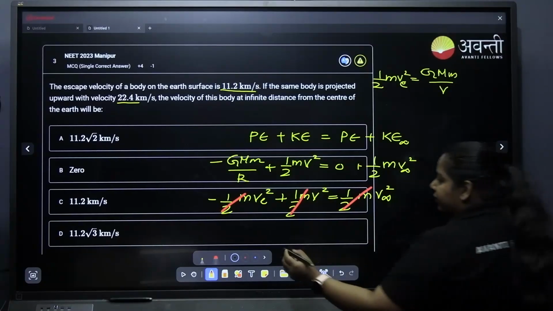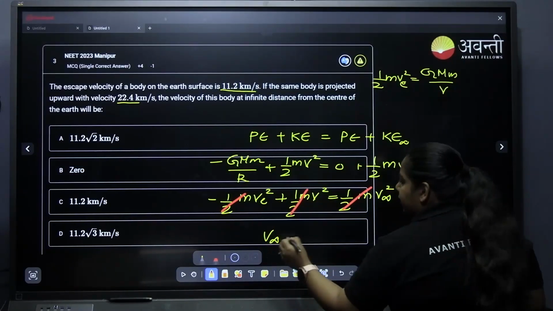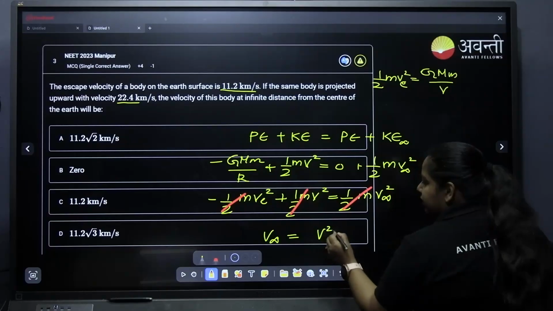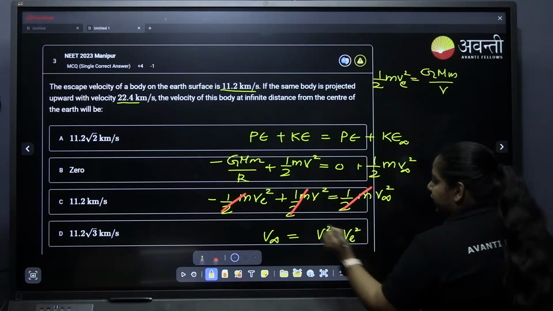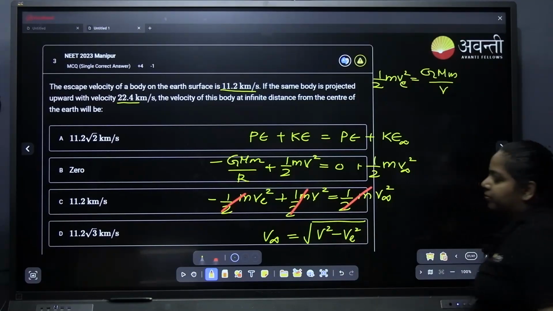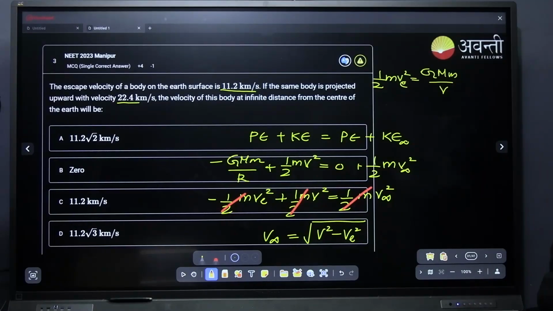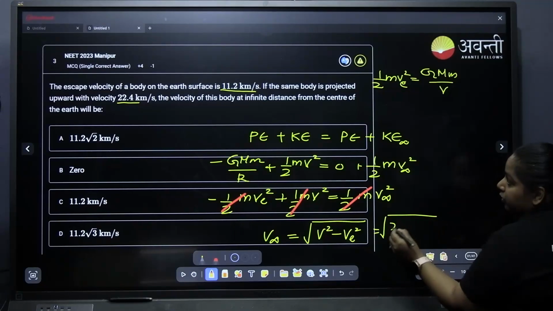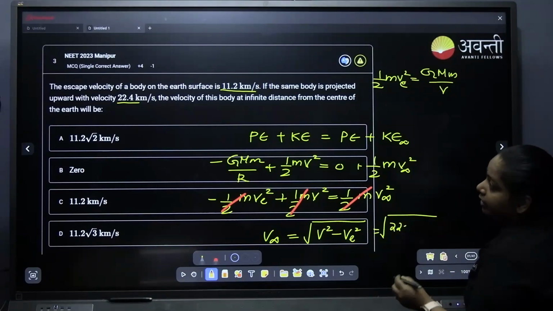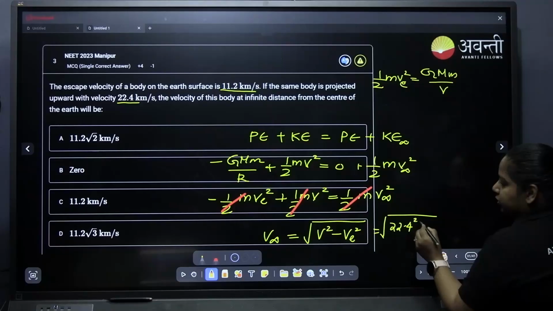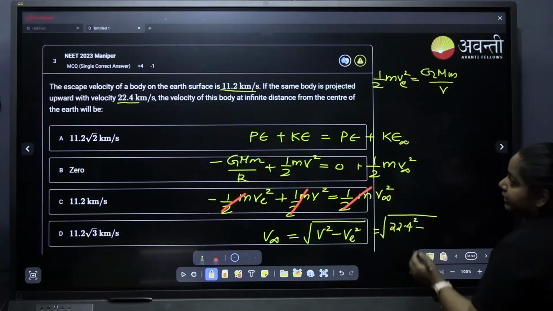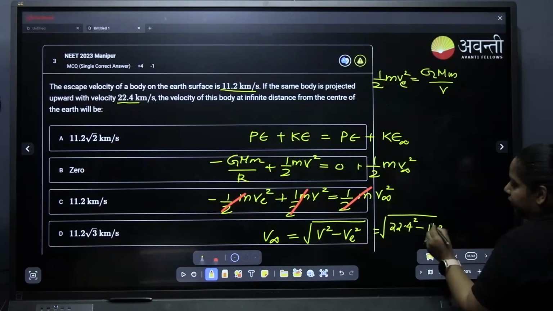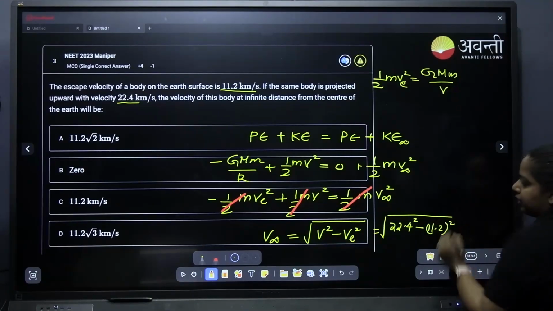Okay, and we will get v infinity is equal to under root of v square minus v e square. Okay, so v square is 22.4 the whole square minus v e square, 11.2 the whole square.